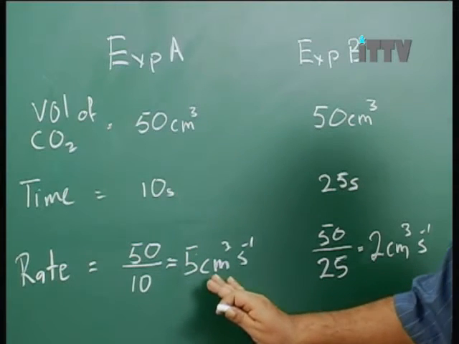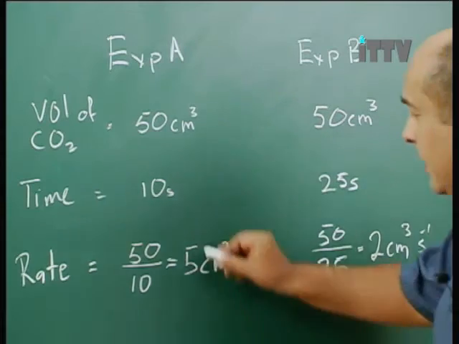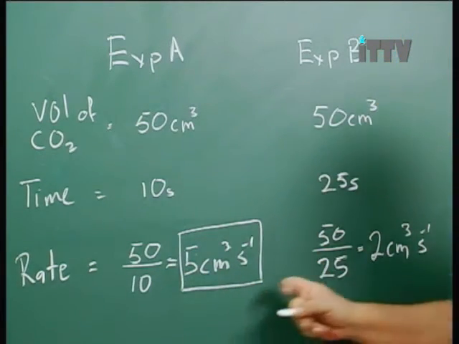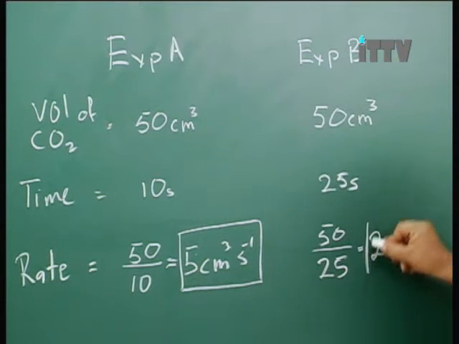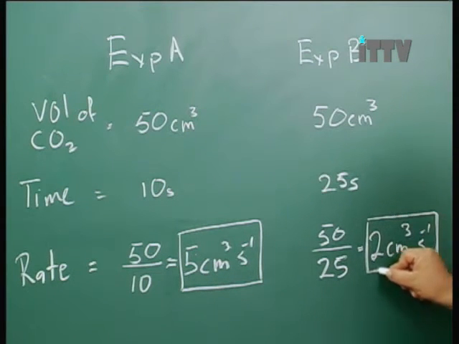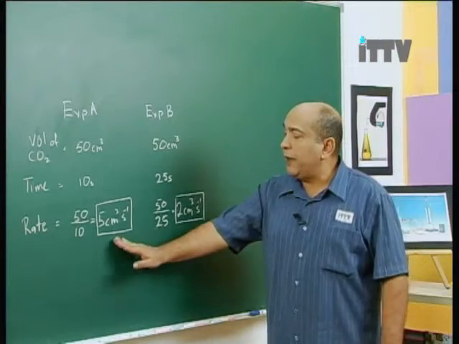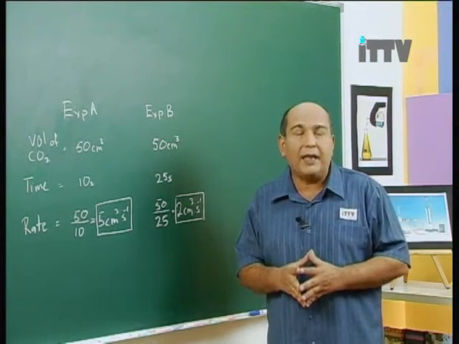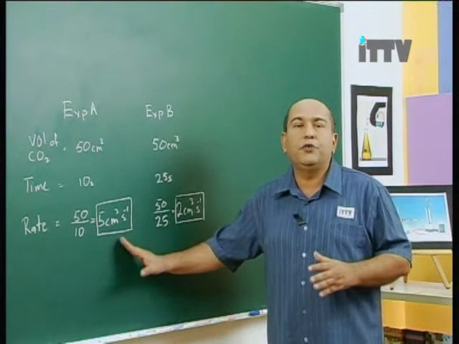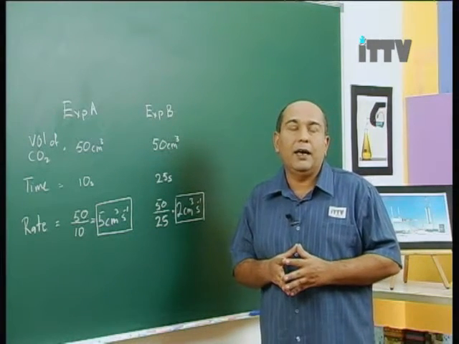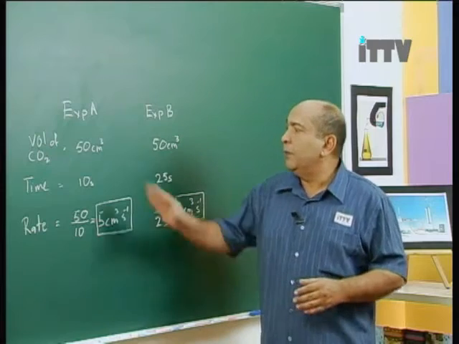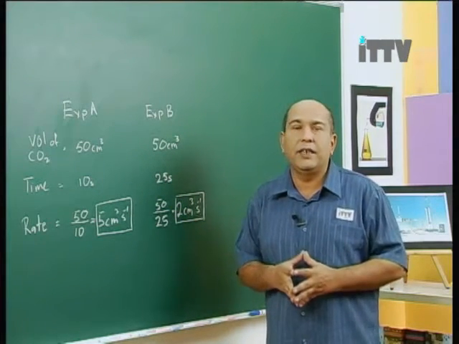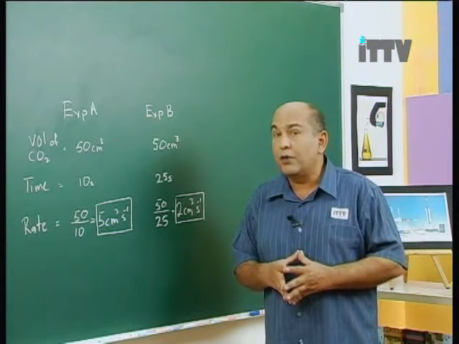So what we can say is in experiment A, the rate is higher than the rate in experiment B. By comparing the values that we calculated, we can compare the rate of reaction for the two different reactions that we did. Both, remember, collecting 50 cm³, but here we're collecting them at different rates.